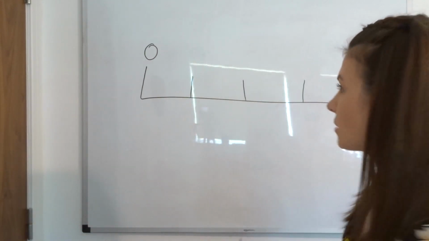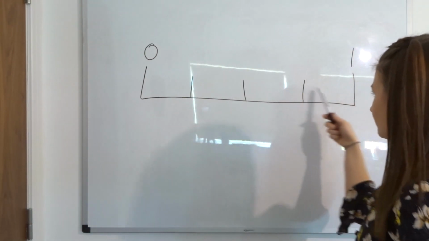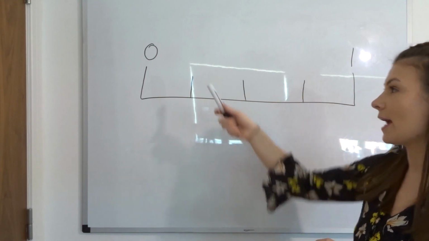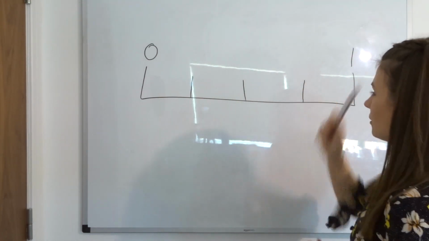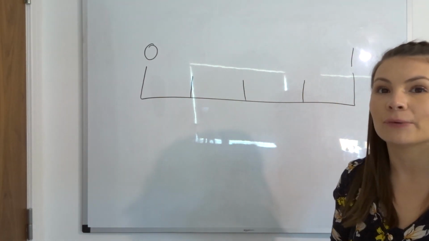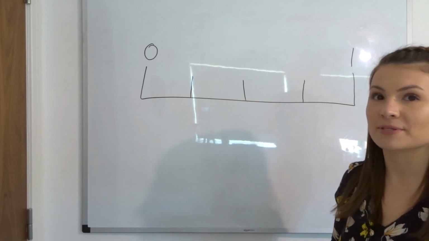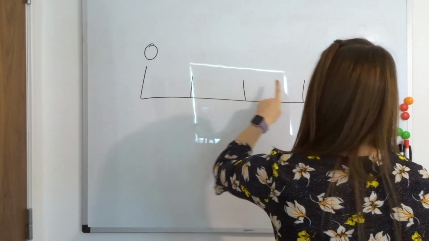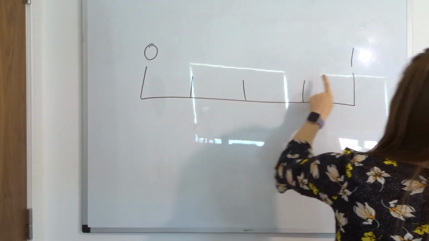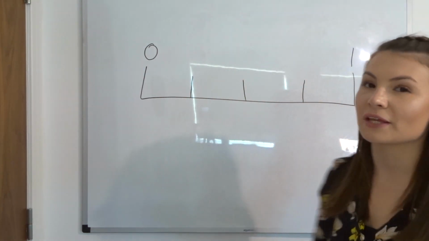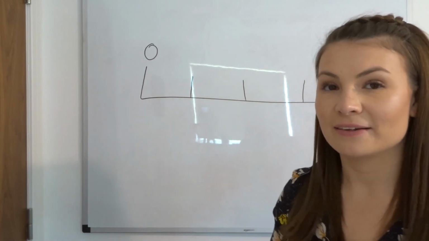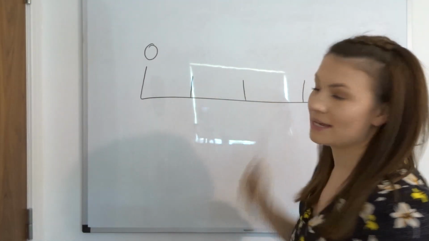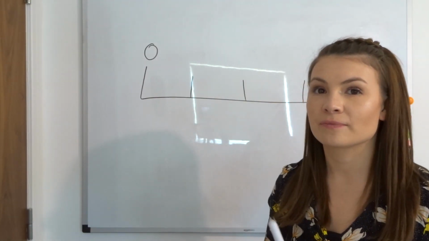So on the board, I've got a number line. Now the first step into figuring out what comes on each line is to count how many gaps there are. So we've got 1 gap, 2 gaps, 3 gaps, 4 gaps. So what do you think our denominator will be on each of these if there are 4 gaps?